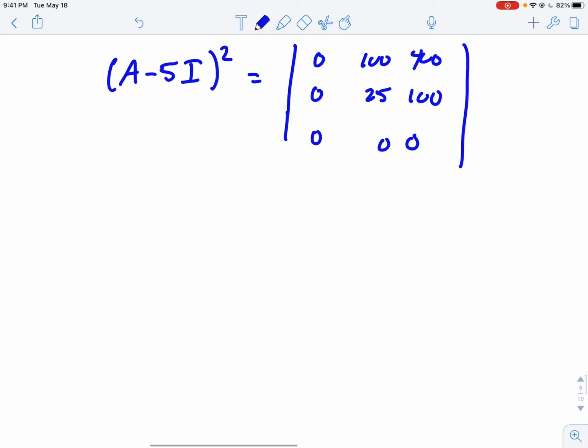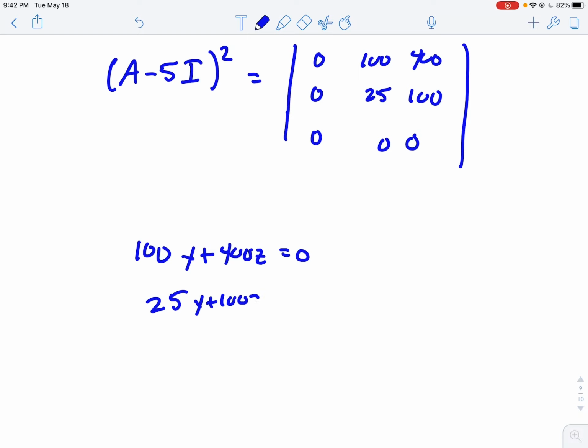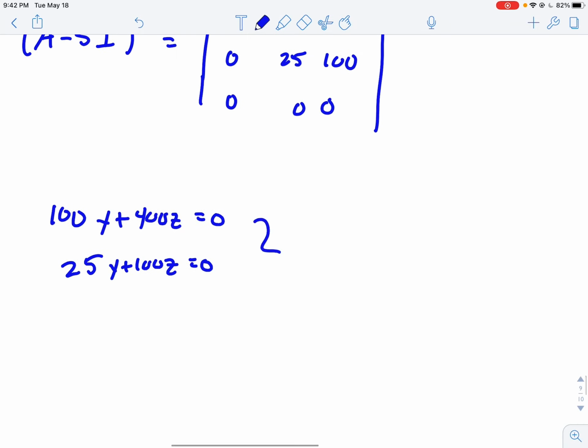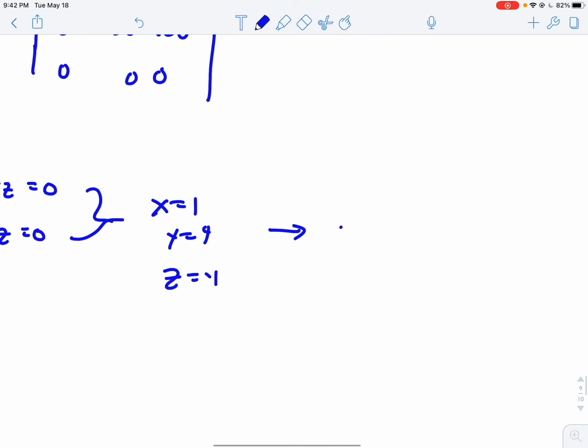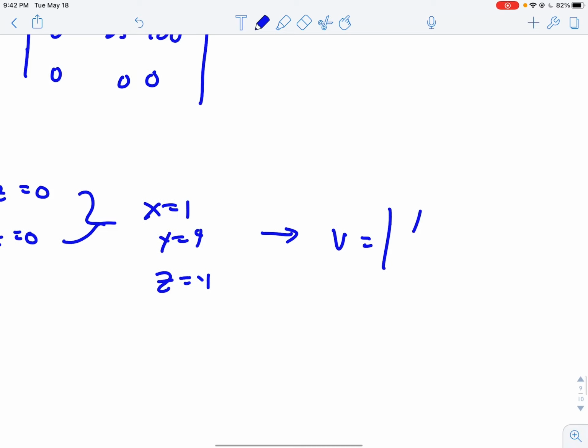From this, we were able to get the system 100y plus 400z equals 0, and 25y plus 100z equals 0. We then find that x is equal to 1, y is equal to 4, and z is equal to minus 1. So our eigenvector is v equals 1, 4, minus 1.